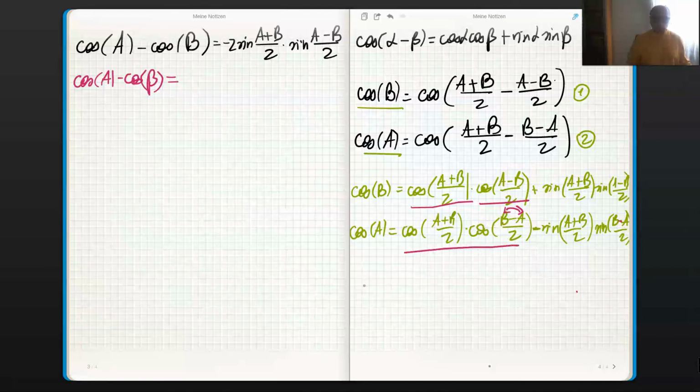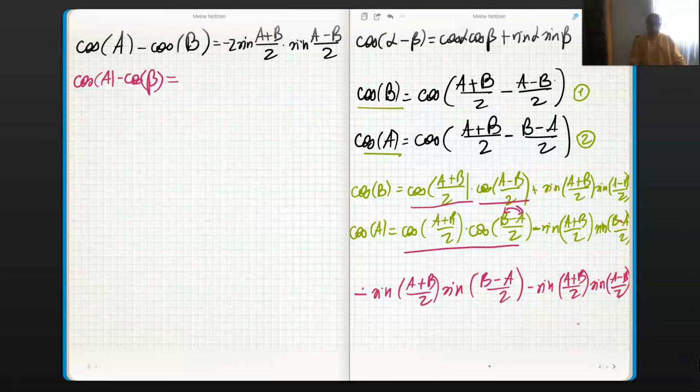What about here? Well, we have the cosine of A, which is minus sine of A plus B divided by 2 times the sine of B minus A divided by 2 minus the sine of A plus B divided by 2 times the sine of A minus B divided by 2. This is what we have.